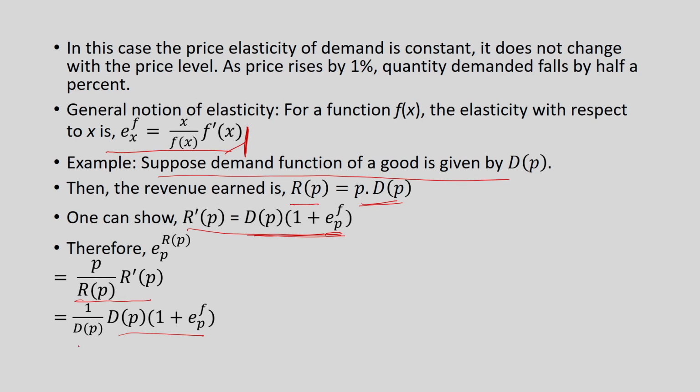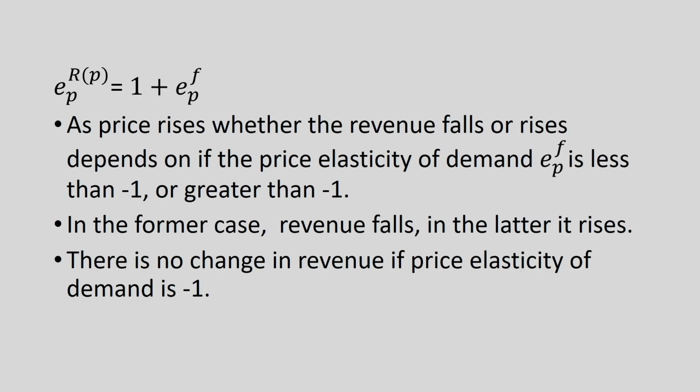So, p will get cancelled. So, you are going to get 1 divided by D(p) multiplied by D(p) multiplied by 1 plus elasticity of demand. So, D(p) will cancel, and therefore, the elasticity of revenue with respect to price is given by 1 plus E_D,p. What is E_D,p? It is the price elasticity of demand.